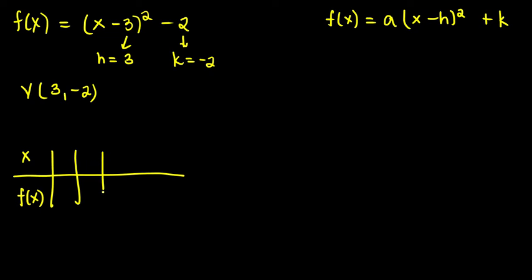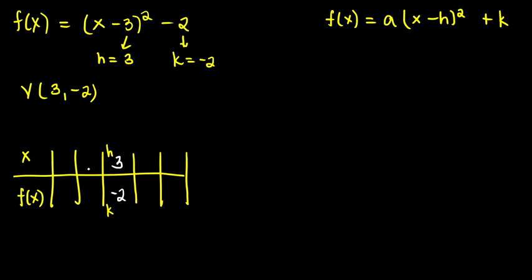Always remember to put the vertex in the middlemost column. So we put h here and then k here. In this example, h is 3 and k is minus 2.